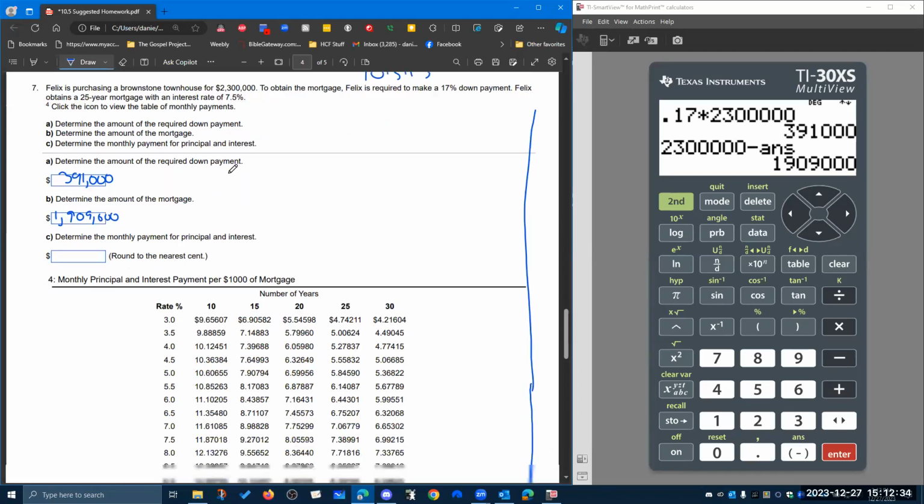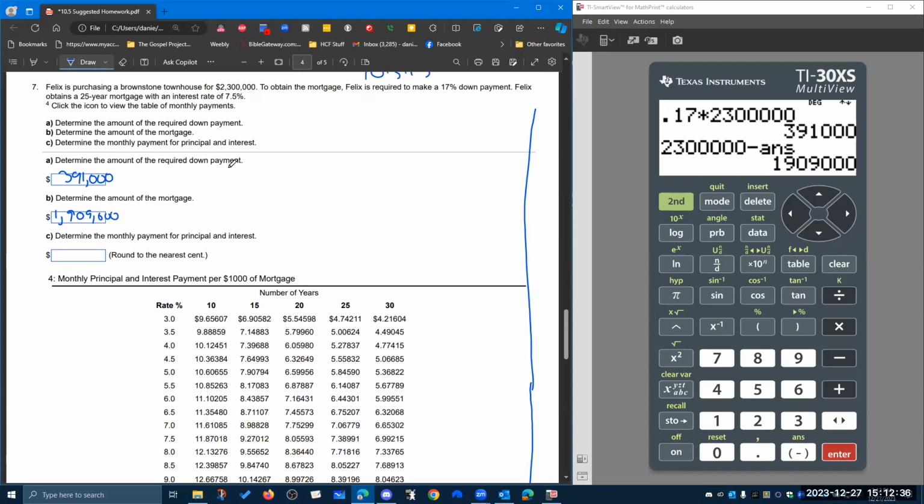And when we do that, we are looking for 7.5% here for 25 years, which is right here.